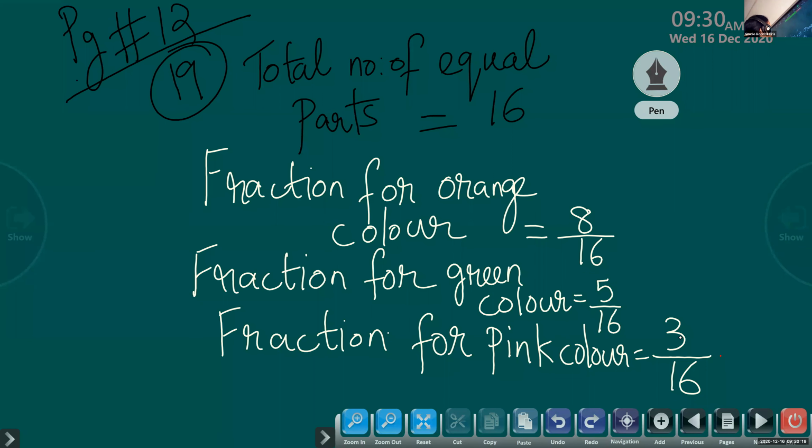Okay, children, fraction for pink color. Okay, now the question is, write which shade is used the most. So we can say 8 by 16, orange is used the most. Orange color is used the most. And which color is the least? Pink. Okay, so we can write next sentence. 8 by 16 is the greatest.